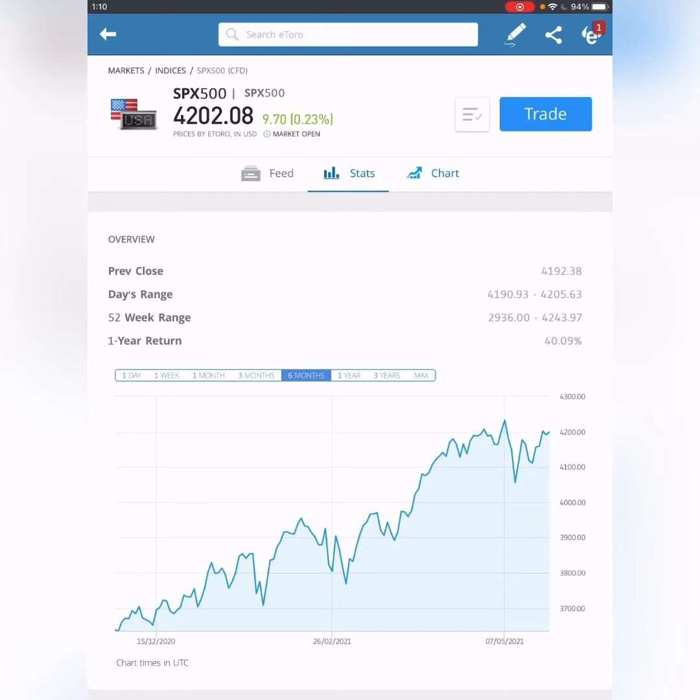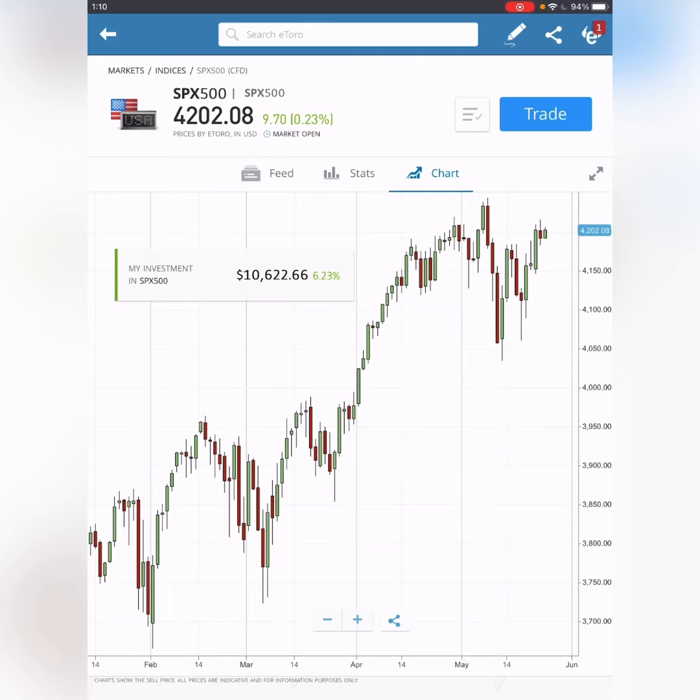Let's go to our chart. All right, this is our chart. Now you can see on the bottom February, March, April, May, so it's giving us the months. Whenever we place or open a trade in the market, we want to make sure that we place it conveniently, according to our preference and how we see the market progressing.